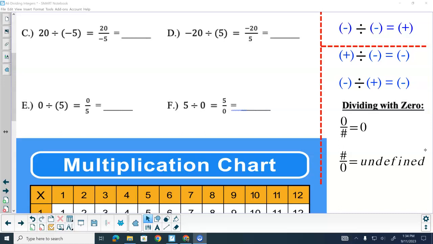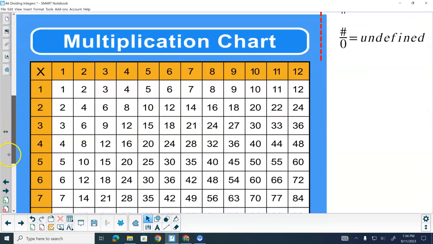All right. So how we use our multiplication chart. As you can see in the first 4, we always have 20 divided by 5. So here's how we're going to use our multiplication chart to actually divide now.